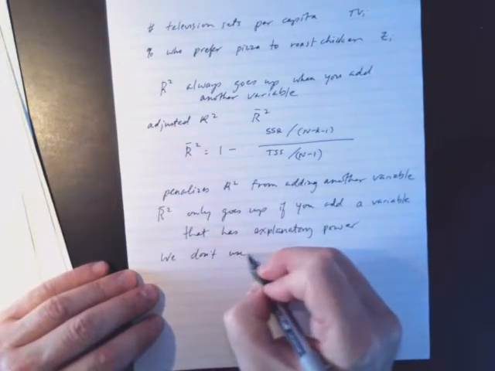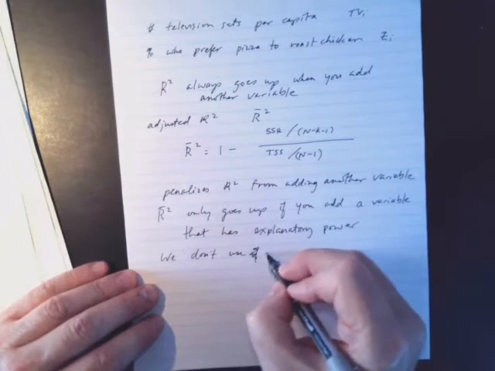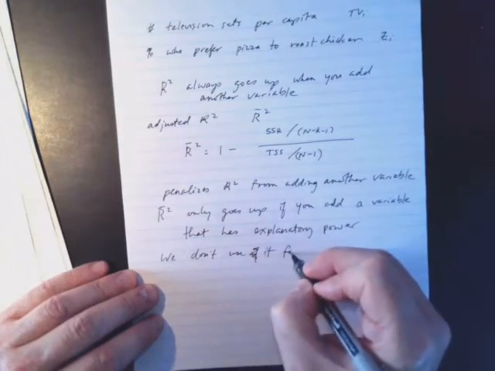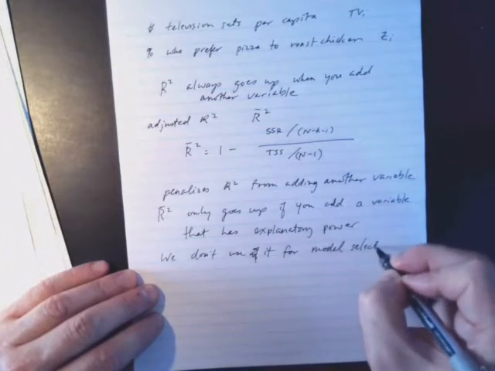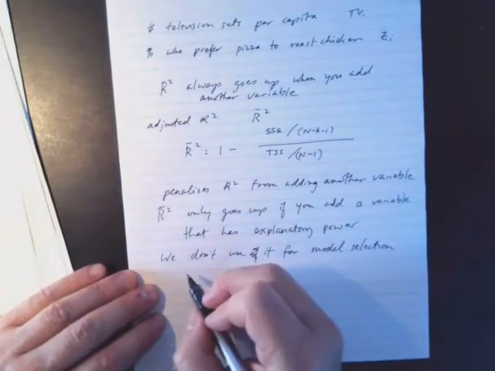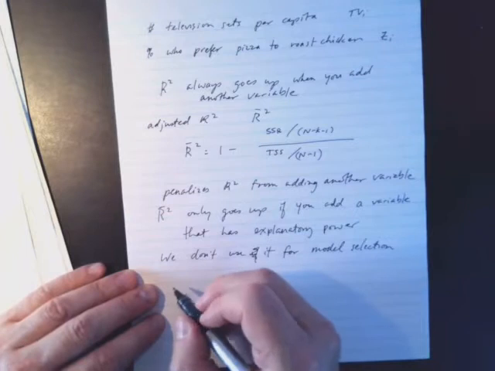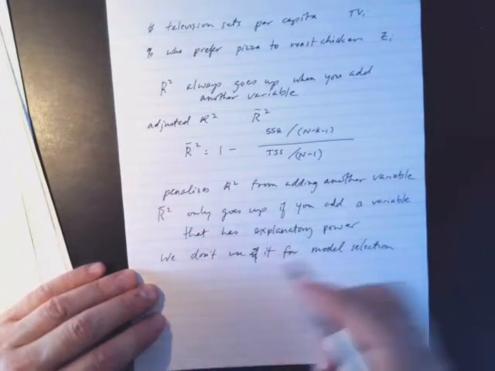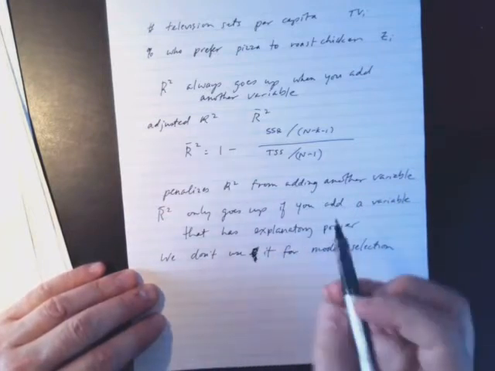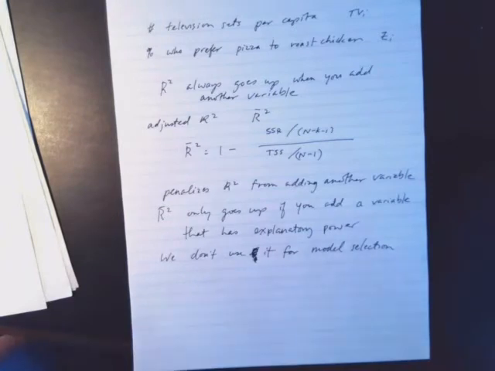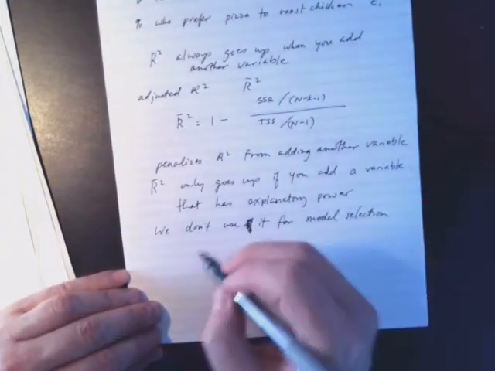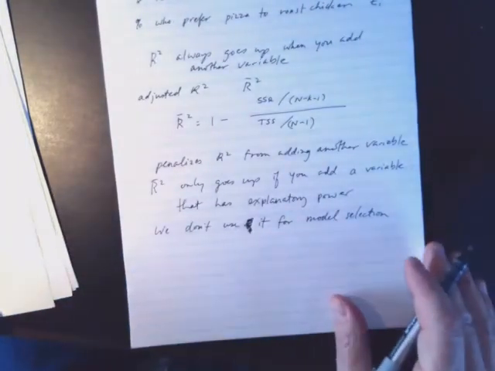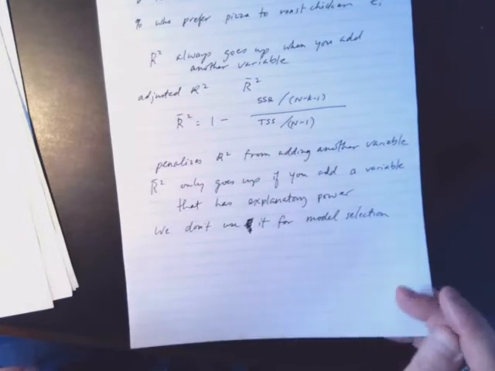We don't use it for model selection, because it doesn't tell you anything that you can't learn just by looking at the individual t statistics, which are more reliable. So basically, it's kind of an old-fashioned thing.